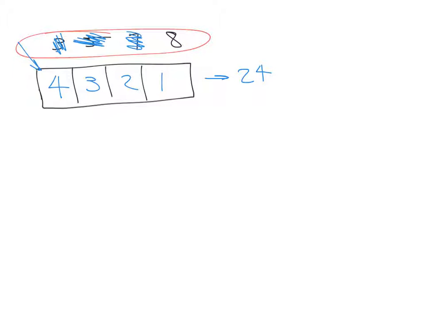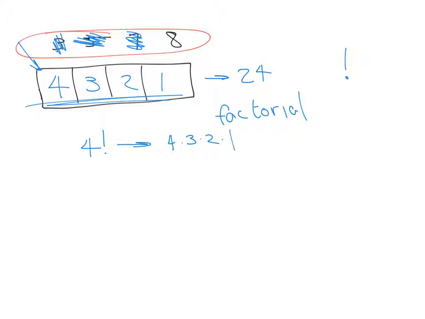Alright, so you should have a key on your calculator that will help you with this that looks like this. That's called a factorial key. So, factorial. Alright, so factorial means that you'll put a number in there, like 4. You put a factorial, and that means 4 times 3 times 2 times 1.